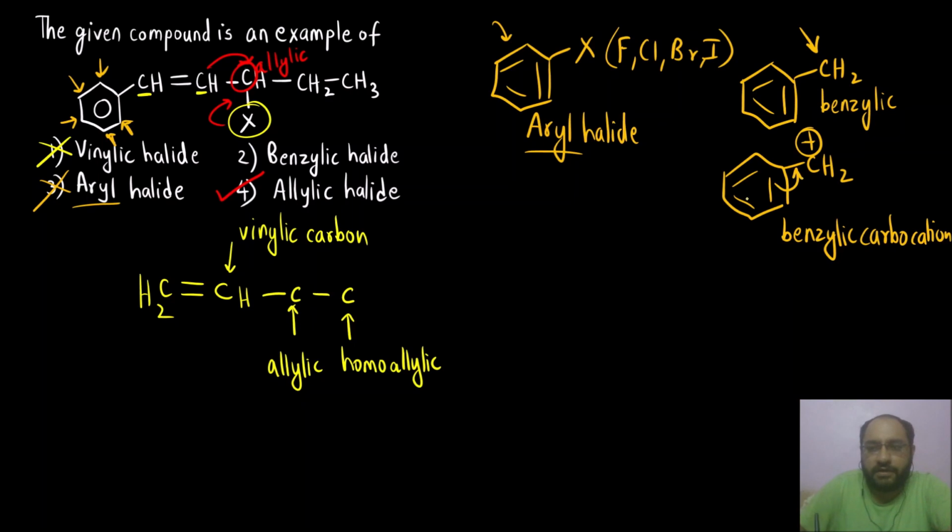It is stable because of the resonance from the pi electrons of the benzene ring. So if halogen is present at the benzylic carbon, this is called benzyl halide, or also benzylic halide. So this is also incorrect. Okay, benzylic carbon, here it is this carbon.